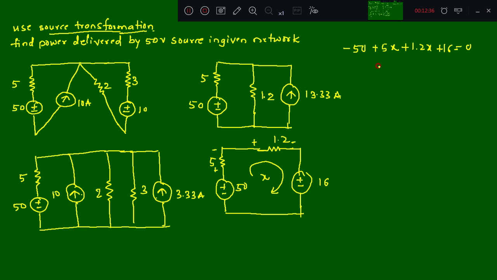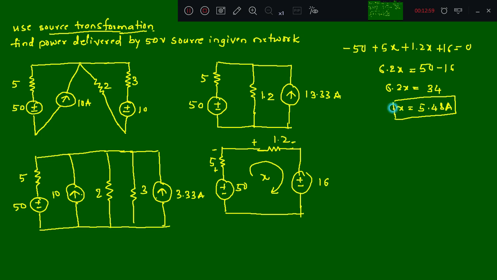So this results in 6.2x, which is equal to, this is 50 minus 16, so 6.2x is equal to 34. X will be 5.48 amperes.